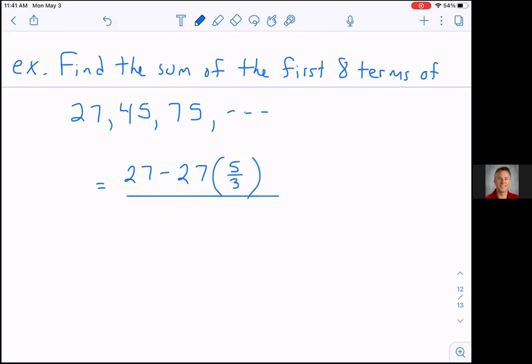N is, how many are we adding? It's going to be 8, right? Good. So 8 over 1 minus our R value. So 1 minus 5/3. That's an ugly looking fraction. So I'm glad that I have a nice calculator to help me plug that in.